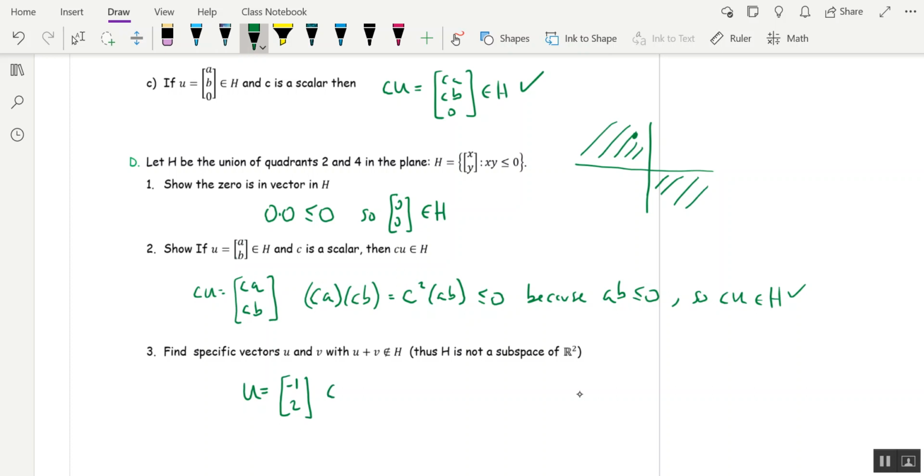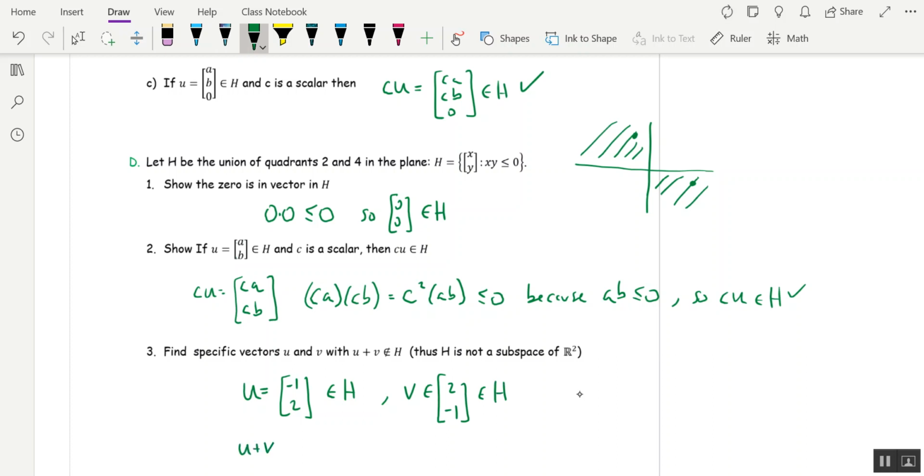So that's in H because it's in quadrant 2. And then v, take x is positive 2, y is negative 1. That's in H because it's in quadrant 4.